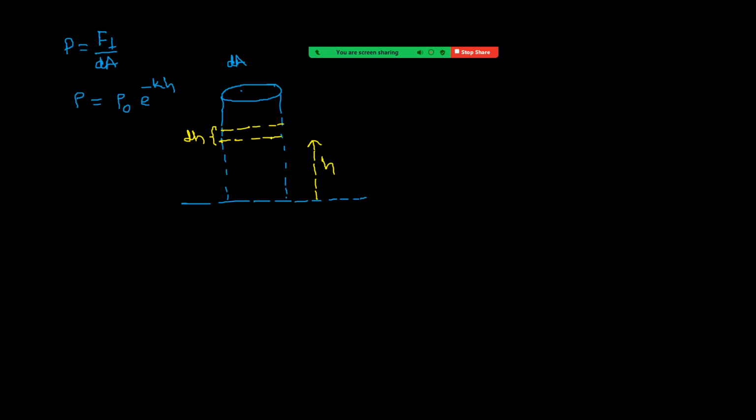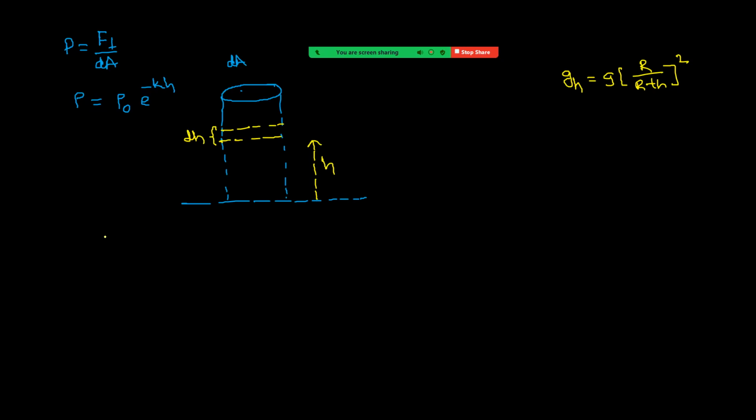Now see, what is the weight of this layer? Remember, here also with the height g value changes. We have learned in gravitation that with the height, g changes as g into R by R plus h whole square. But here the assumption is given that it is a constant.